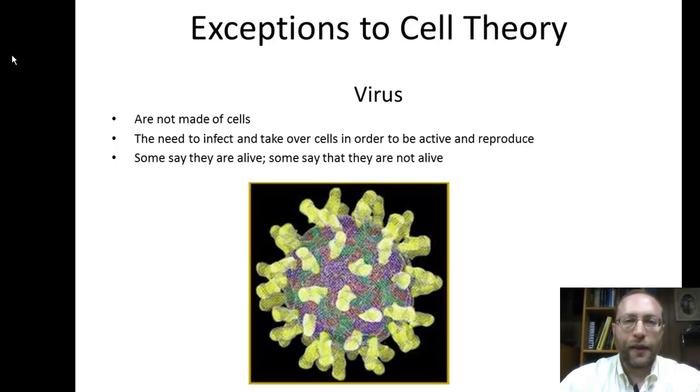So some say that they're not actually alive. One reason is that in order to act like they are alive, in order to be active, they need to infect and take over a cell, and the cell will do the things for the virus, like make the new parts of the new viruses that will then go out and infect other cells in an organism.